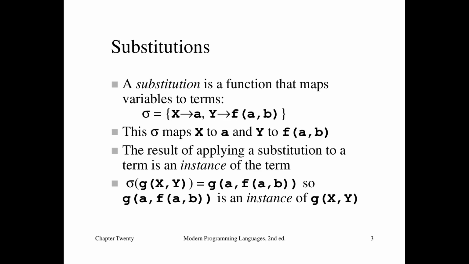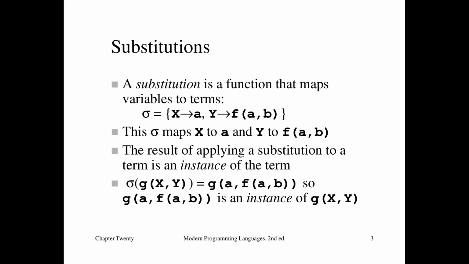If we have some function sigma which maps the variable x to the term a, and y to the term f of a b, then we can say that sigma maps x to a and y to f of a b.